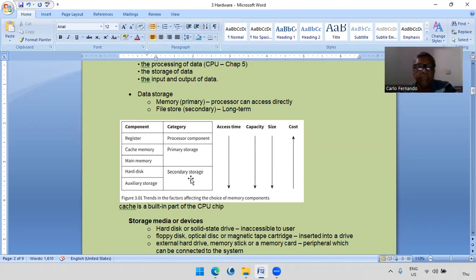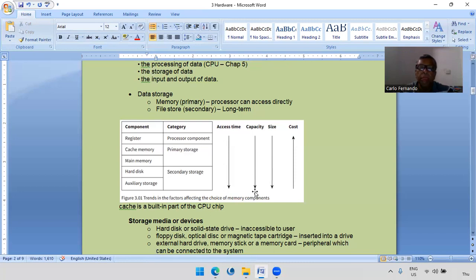Then comes the hard disk and the auxiliary storage. Hard disk, auxiliary storage, the other things like pen drives and CDs, all those things, secondary. Their access time is highest, that is slowest. Access time is more means the speed is very slow.